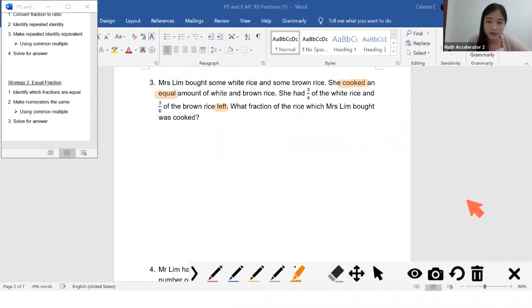What fraction of the rice which Mrs. Lim bought was cooked? Step 1, okay, let's go back to our strategy. Identify which fractions are equal. Right, so you have your white rice and your brown rice, and you have cooked and left.